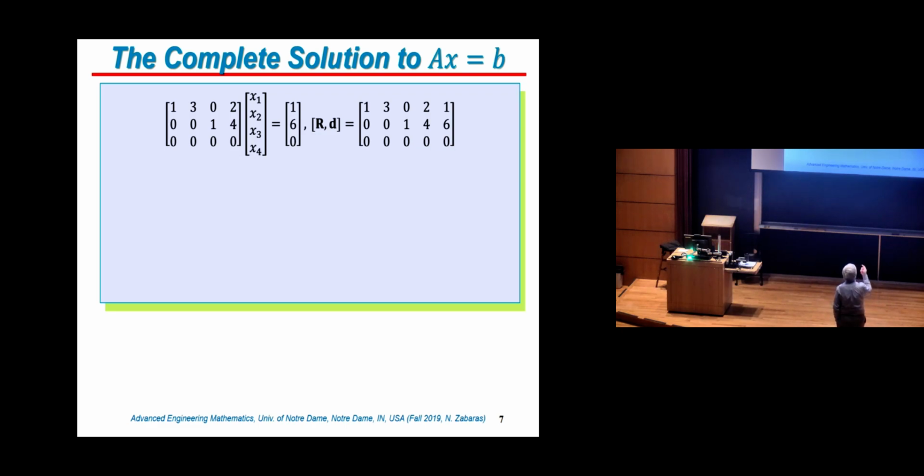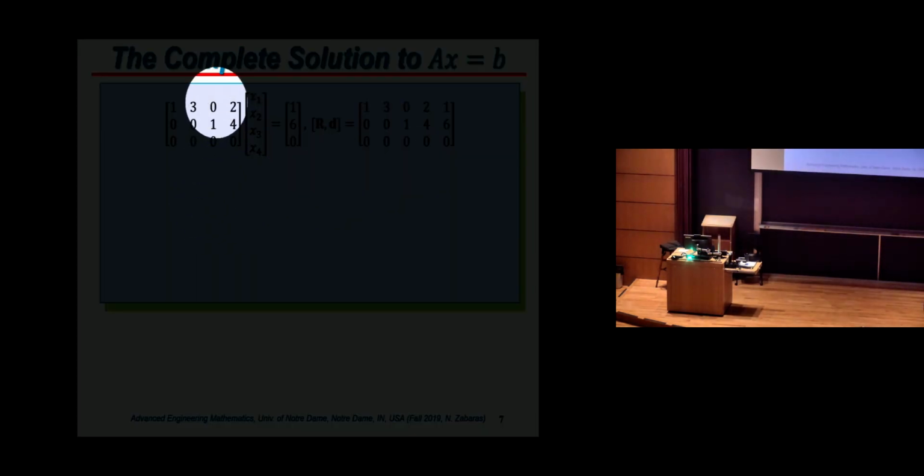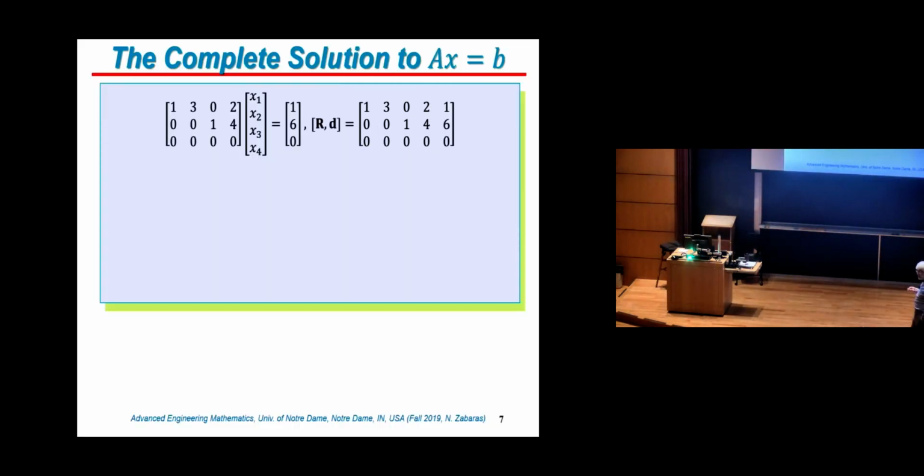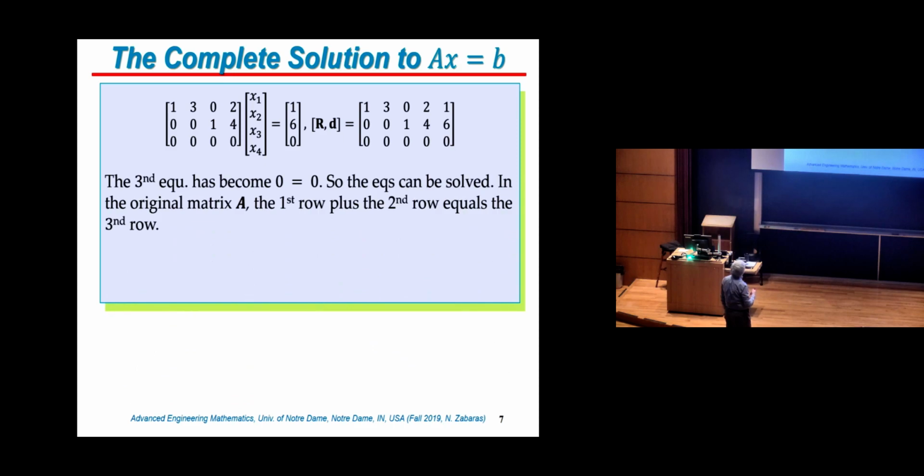And in this example, actually, we're lucky because there was a 0 there. You can see there was a 0 from the start, so we really did not have to create that 0. That 0 was there to start with, above the pivot element 1, so we did not have to worry about this in this example. Okay.